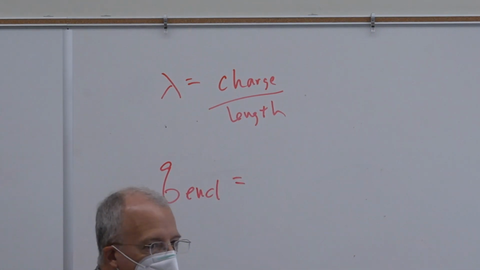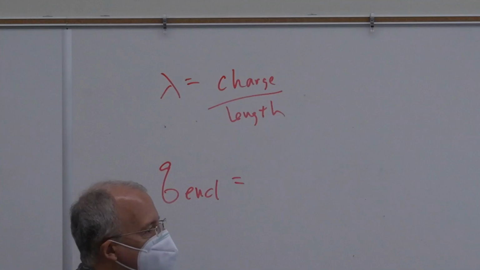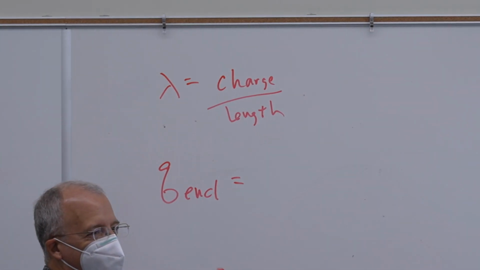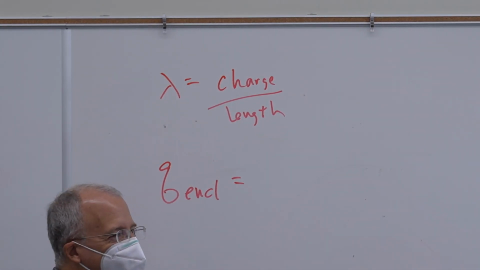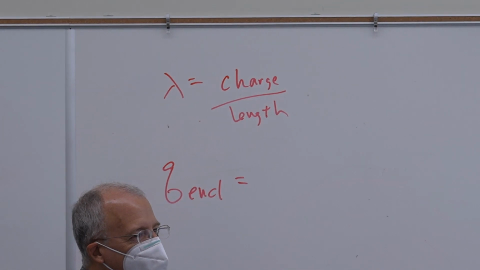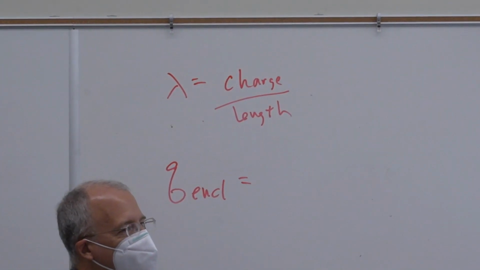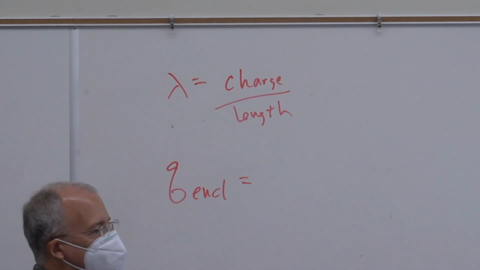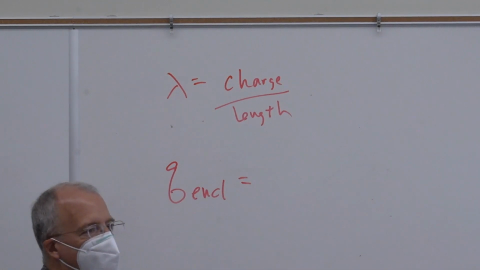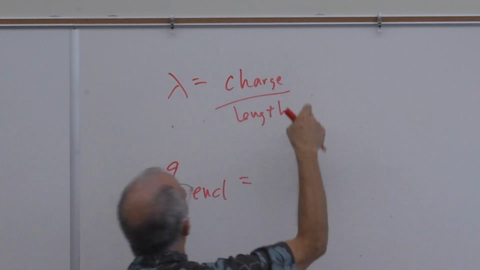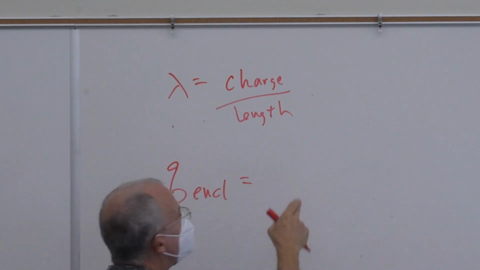You said Q over L, right? Okay, we don't know Q. We want to get Q. So we have to have a lambda somewhere. Lambda is charge over length, so what's the charge going to be?